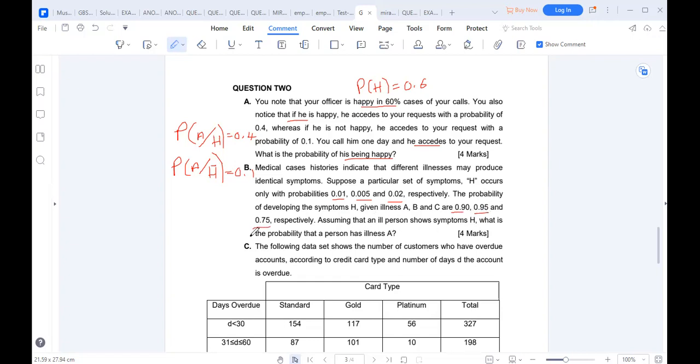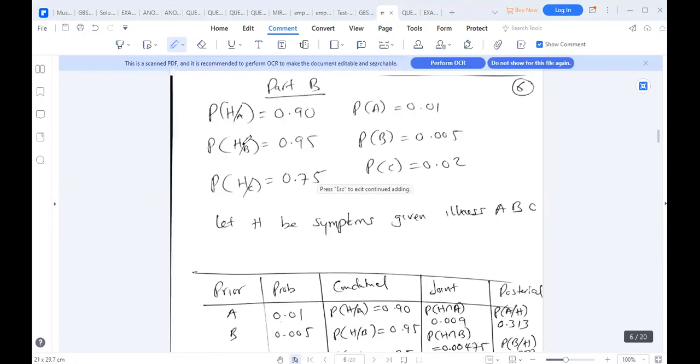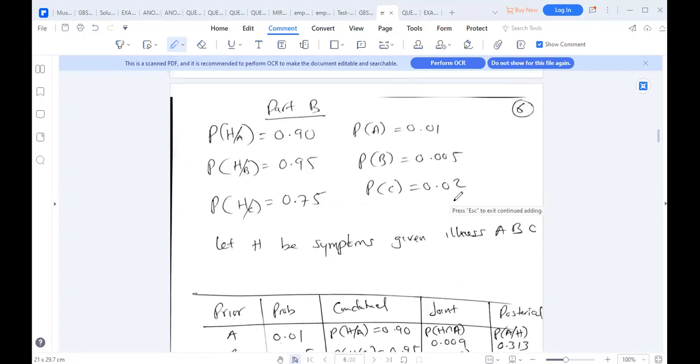So these ones are conditional probability, which are given a particular condition. So I told you the table is the easiest to use. So we go here, probability of H coming from A, 90, H coming from B, 95, H coming from C, 75. Then A was 0.01, B was 0.005, and C was 0.02.